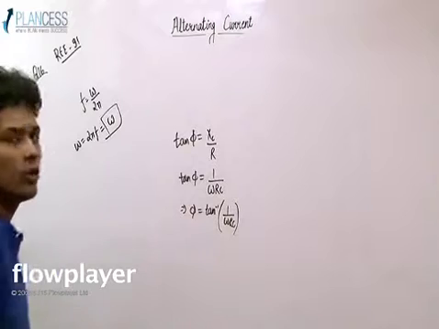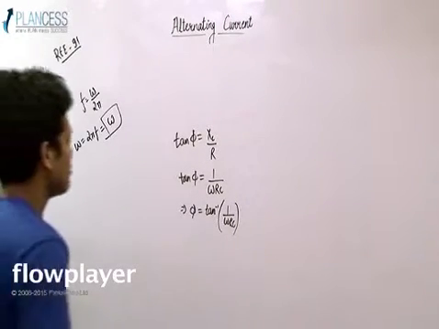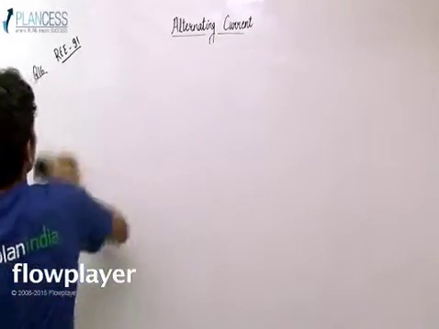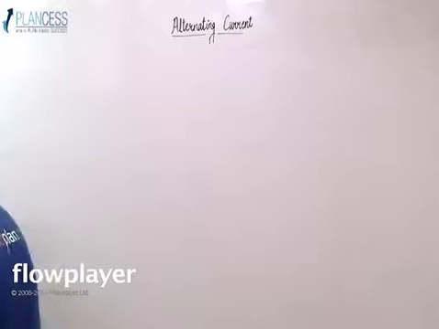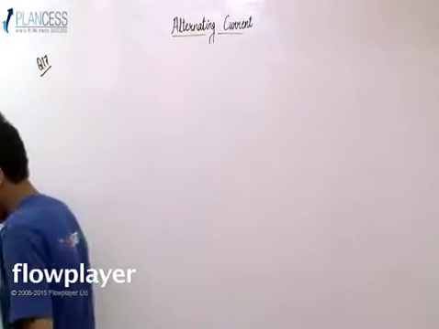So this is the value of the angle by which the current leads the voltage in an RC circuit. So this was a pretty easy question which came in Roorkee 1991. Now let's move on to question number 17.